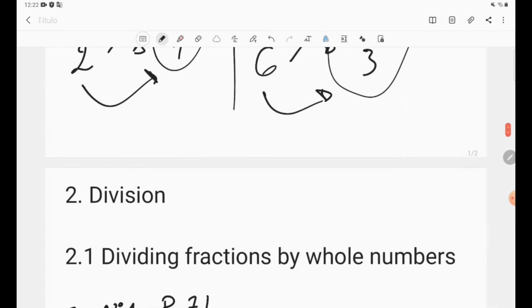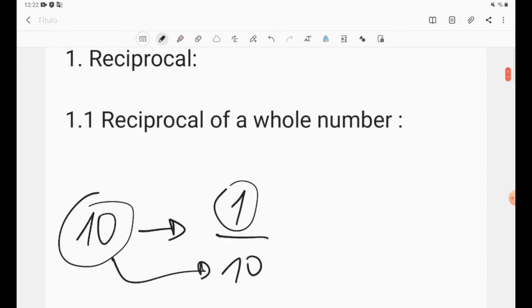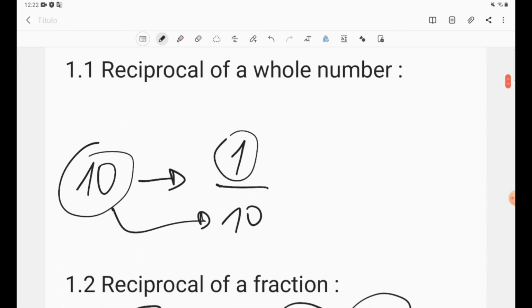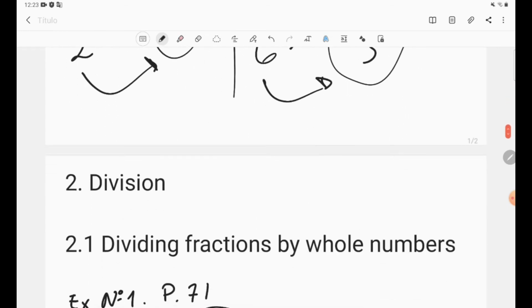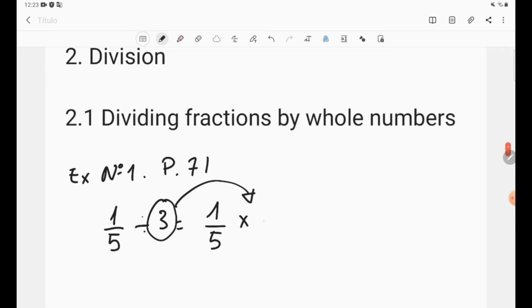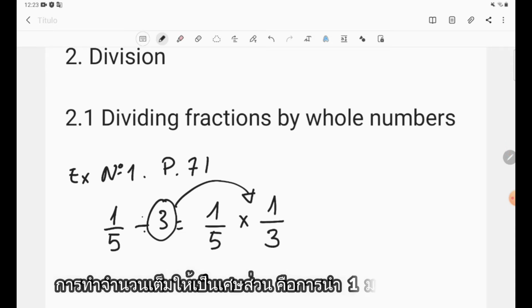We write a fraction with the whole number as the denominator and number 1 as the numerator. So basically we are multiplying 1 over 5 by 1 over 3.